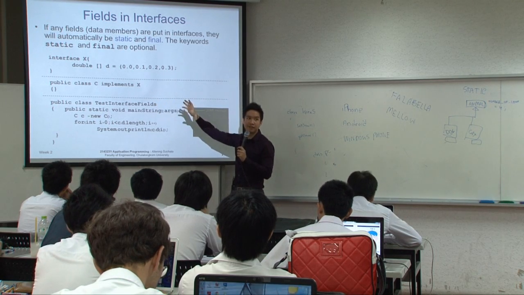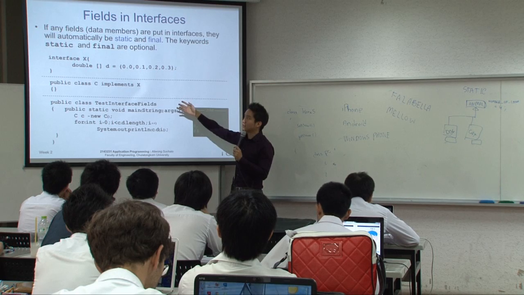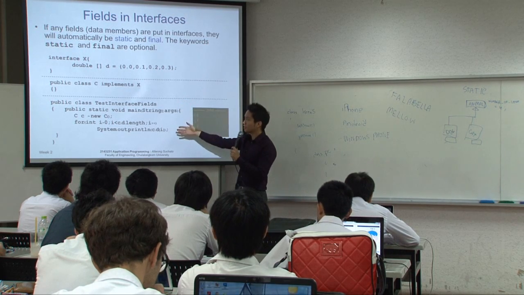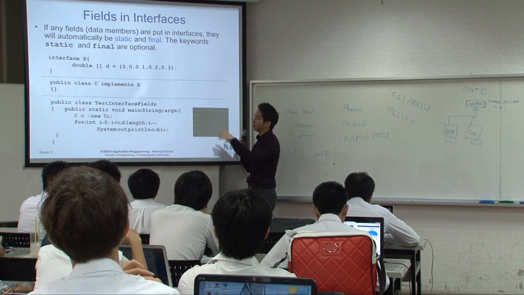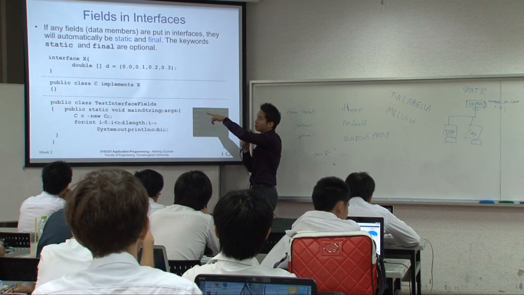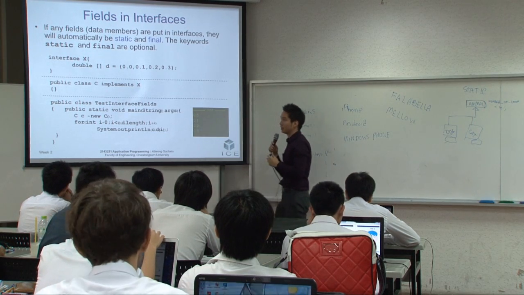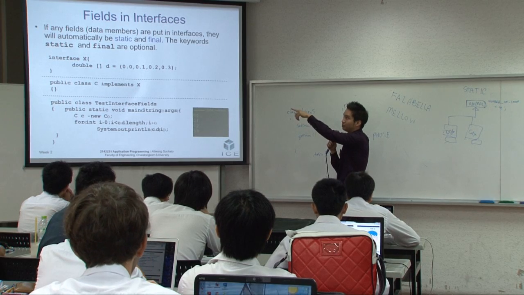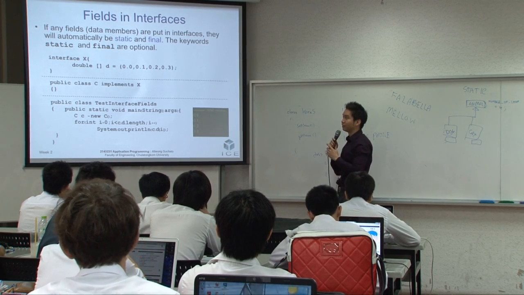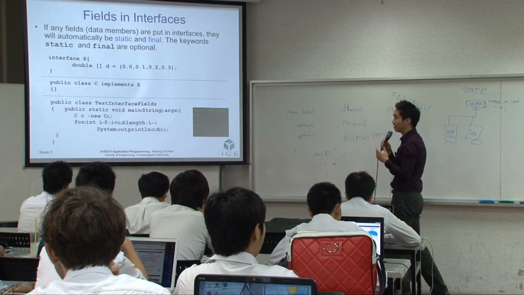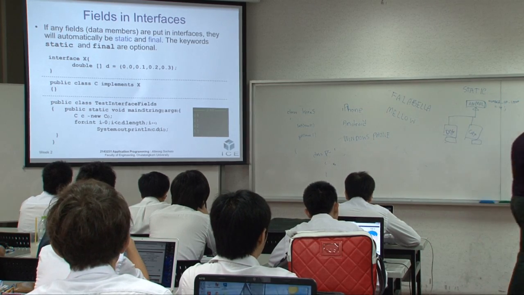So this works sort of like inheritance. But I just wanted to show you that all the classes that implement the interface automatically get the member variables that belong to the interface that it implements.